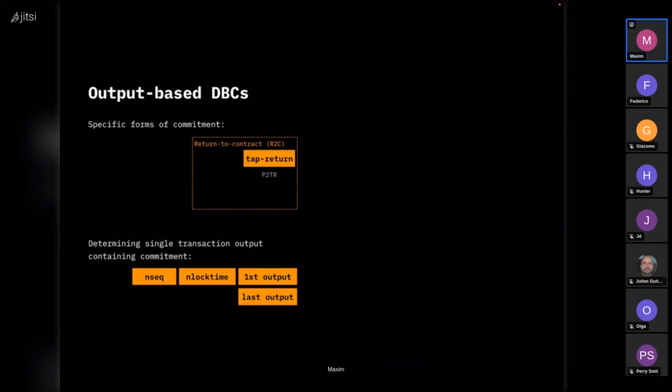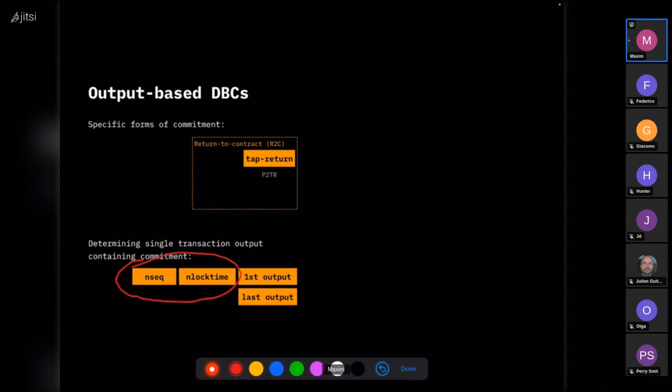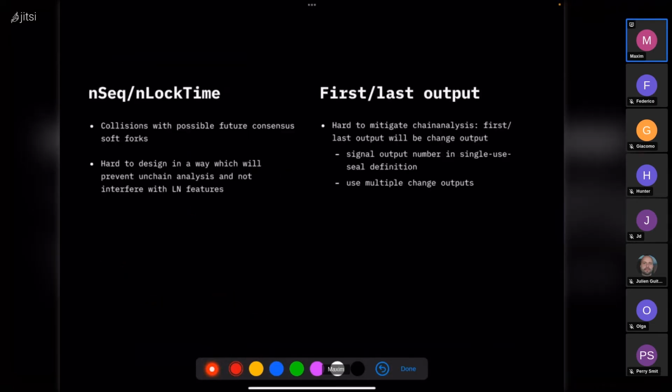The next decision that we have to make is to choose between two last-output detection schemes: first, based on nSequence and nLockTime numbers, or on a fixed output number. And here is the comparison between them.